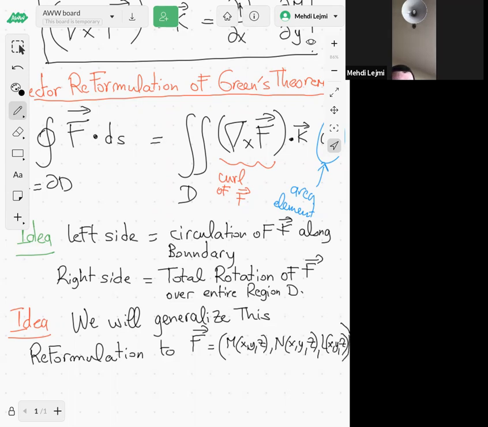That would be Stokes' theorem. The generalization is going to be Stokes' theorem, section 8.2.